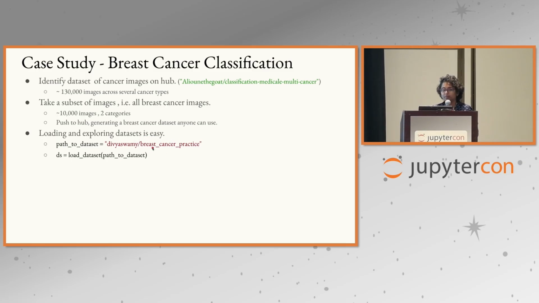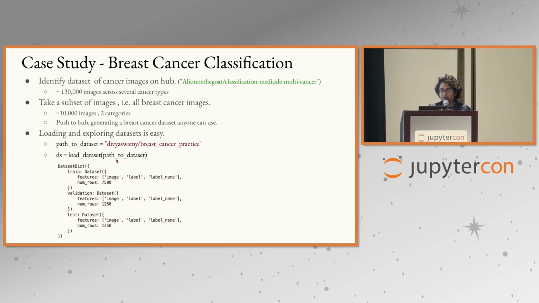If you want to play with breast cancer data classification, you can simply load this data set in the notebook, and you will have it as a transformers abstraction called a dataset dictionary. Now I have 7,500 images in the train data set, 1250 in validation, and 1250 in test.